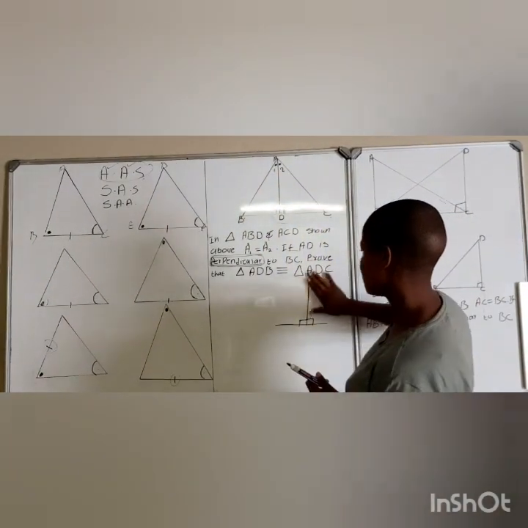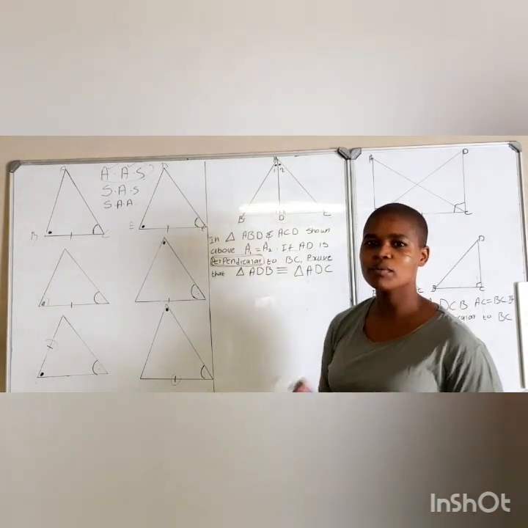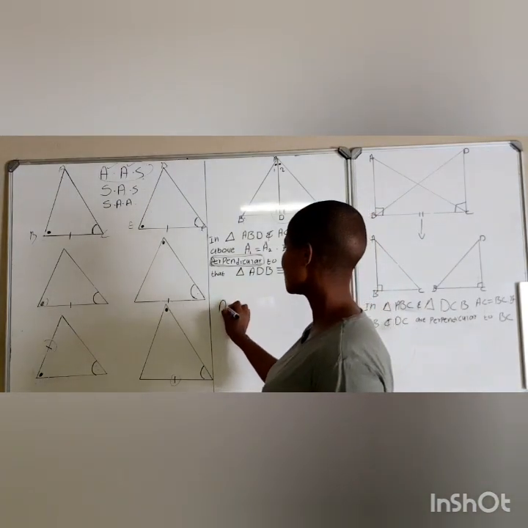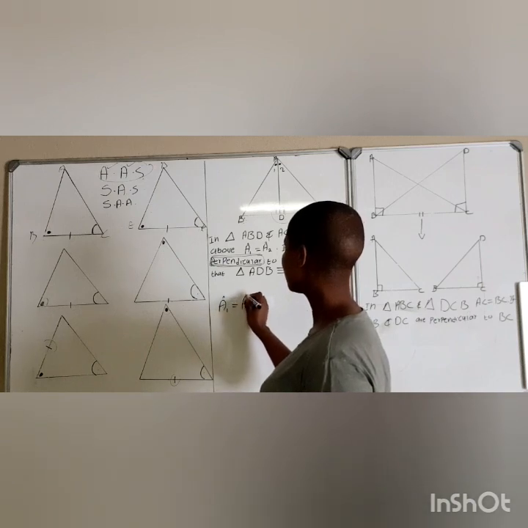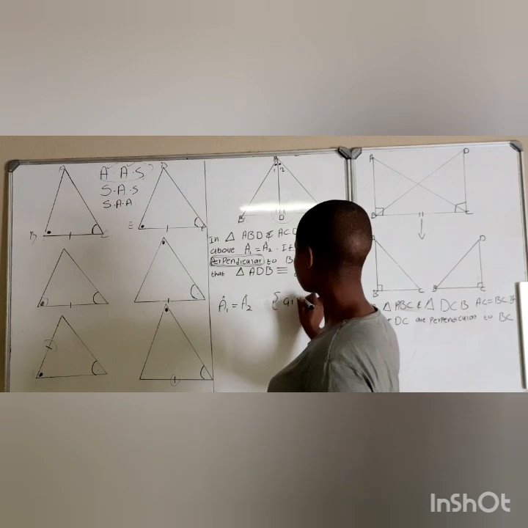Yes, I wrote that right. Let us start. When you're given information, always start with it. Why waste time? So you're just going to say angle A1 is equal to angle A2. Why? Given.